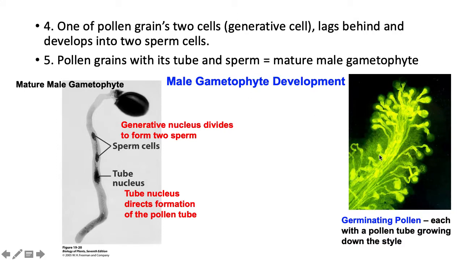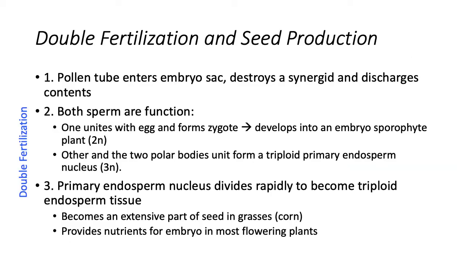This is an electron microscope picture showing the stigma, the blurry part on the outside, and these dark pathways are the pollen tube making its way down to the base of the style. So there are two sperm here.